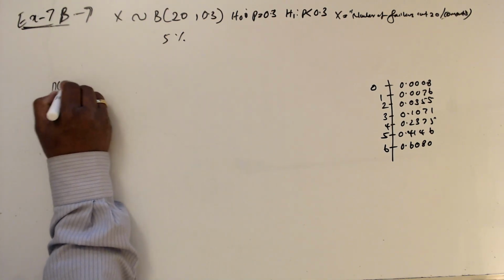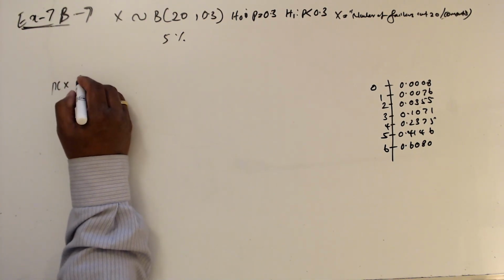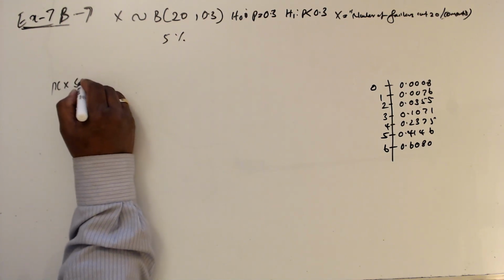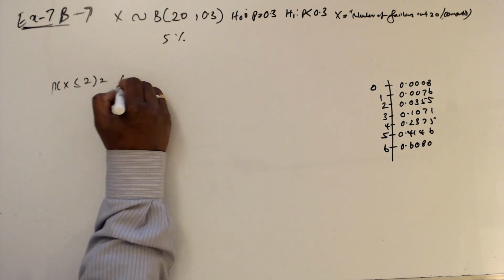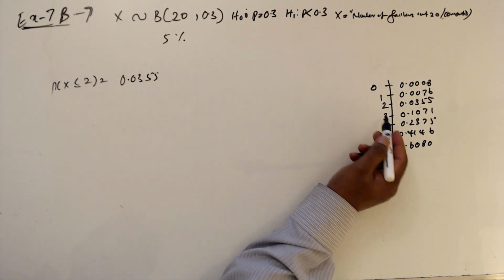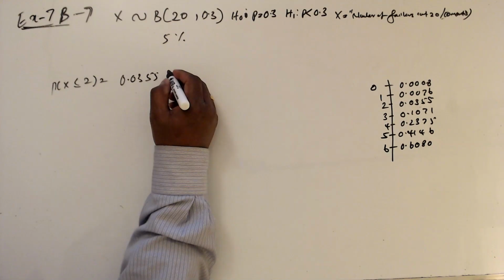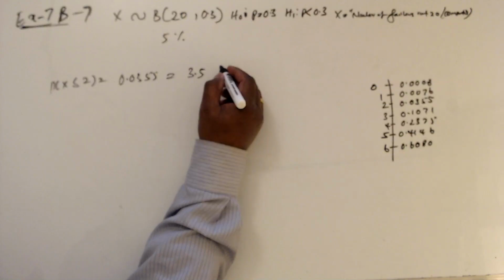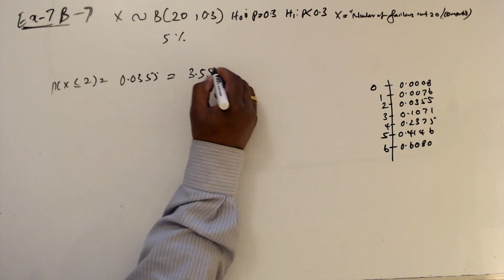So the probability for X less than or equal to 2 is 0.0355, and that percentage is 3.55.